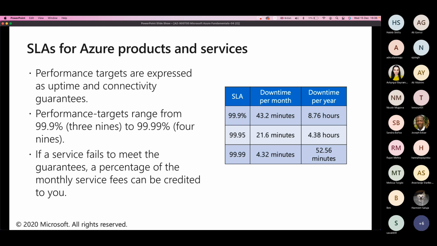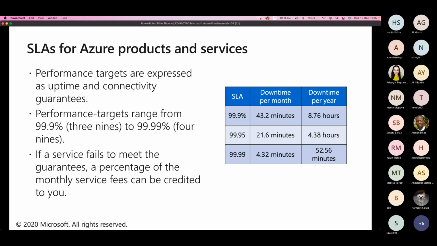So if we go from 99.9%, which gives 43 minutes downtime per month, or all the way up to 99.99, that's 5 minutes per month. Okay, so that's a massive obligation that they are giving you there.